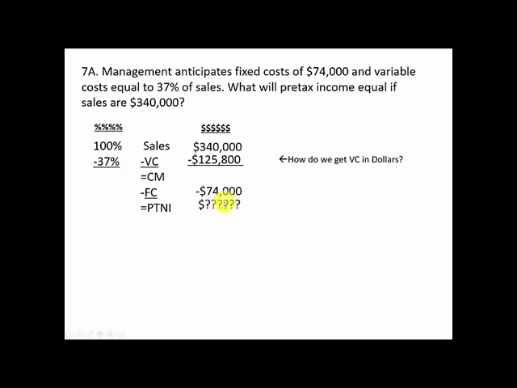Again, we're looking for this number down here, pre-tax net income. And so now sales minus variable cost equals contribution margin, and we can get that by subtracting. So then the $214,200, you can subtract fixed costs from that and get pre-tax income, which is what we're looking for, of $140,200. And that's 7A.